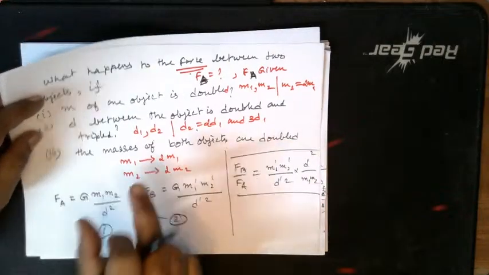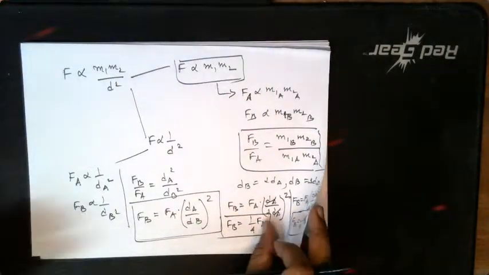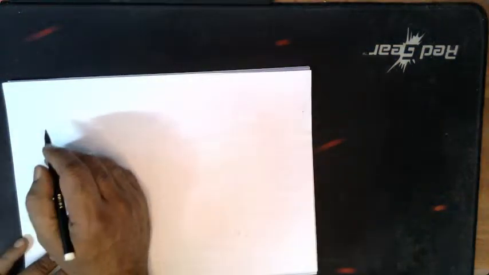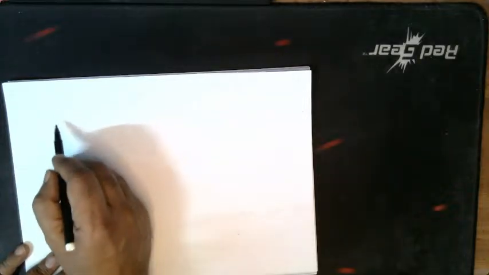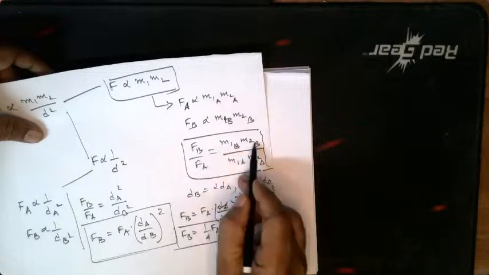So in that case, we have to suitably write. Take down, the masses of both objects are doubled. So what is our formula? You can make use of this formula, is it not? This one. First write down the formula.